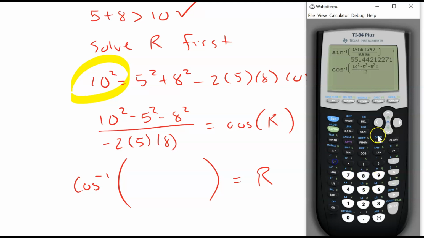It's pretty tough to screw that up because it's going to look exactly like it should on my sheet of paper. So I get 97.9.